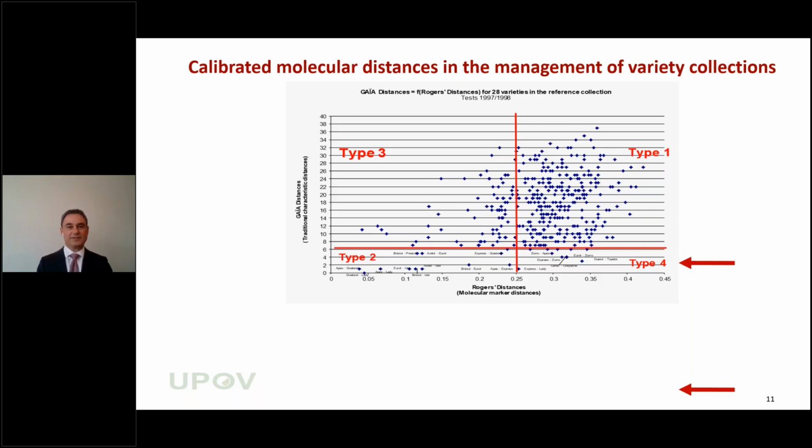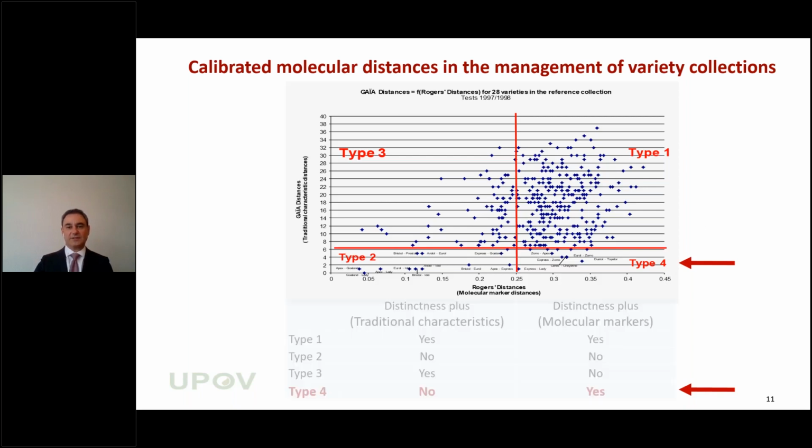So in theory, although this model did receive a positive assessment relating to its compatibility with the UPOV Convention, currently there are no examples that demonstrate that a linear correlation between genetic and phenotypic distance could be found.